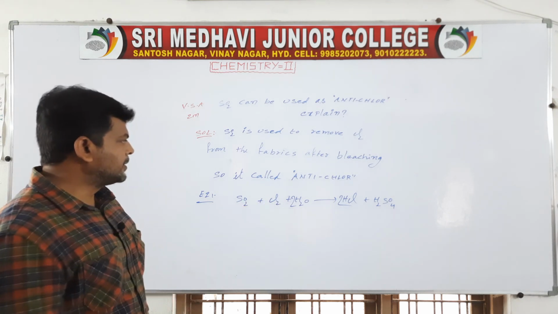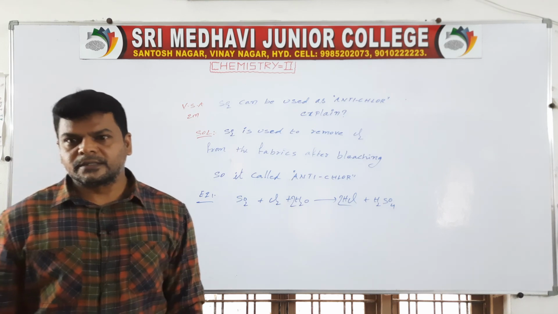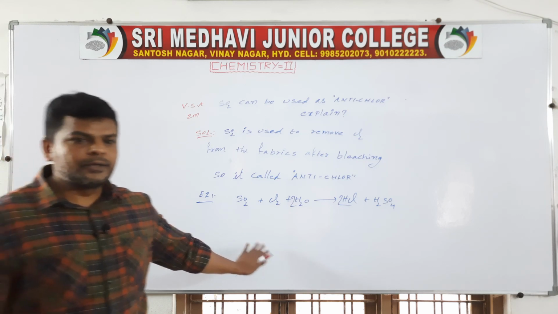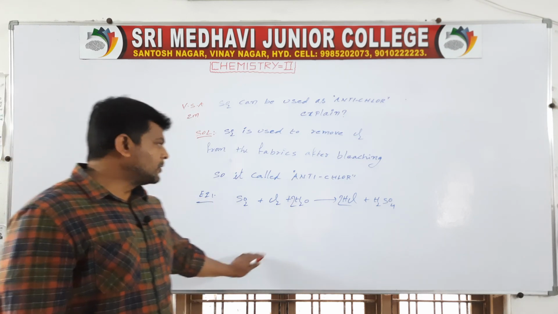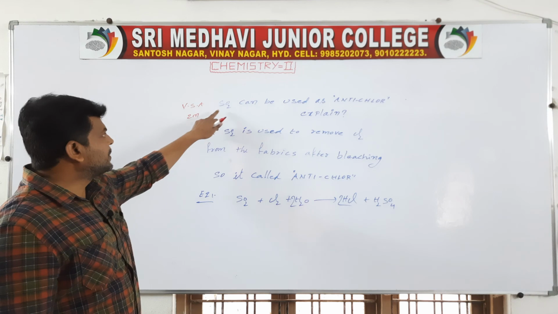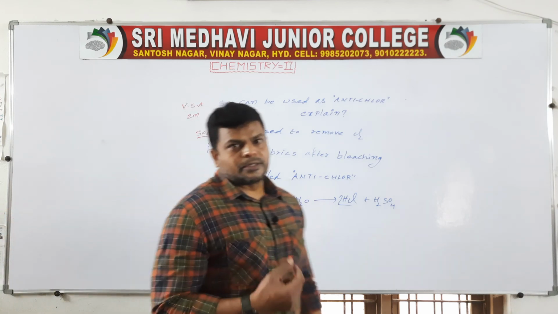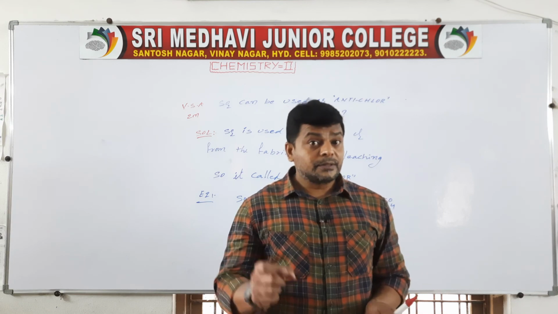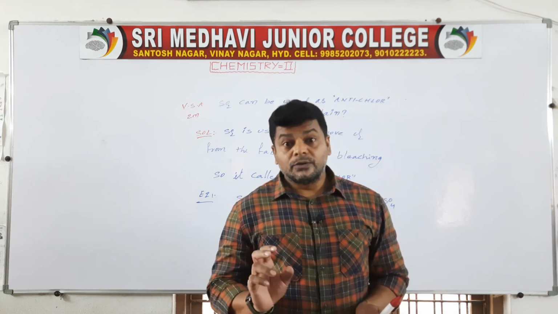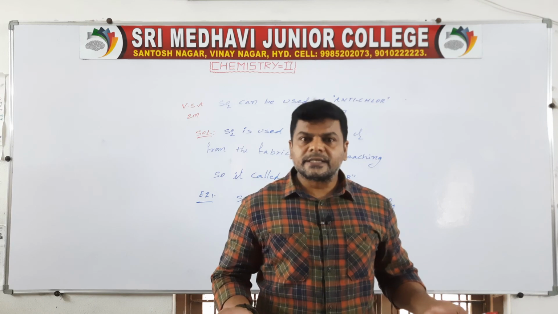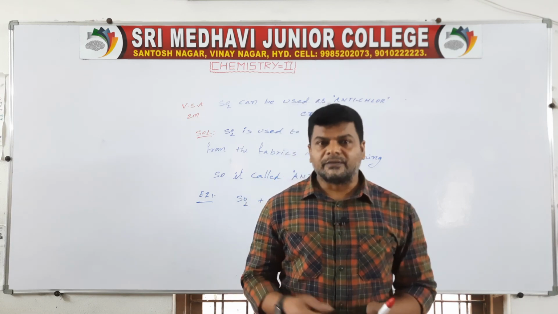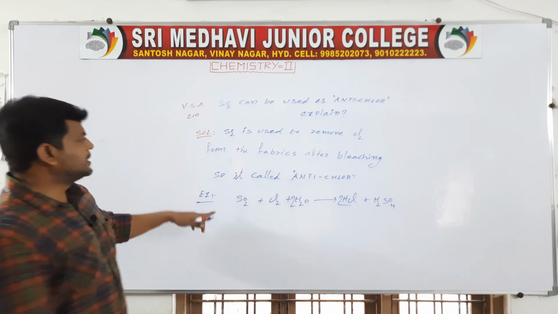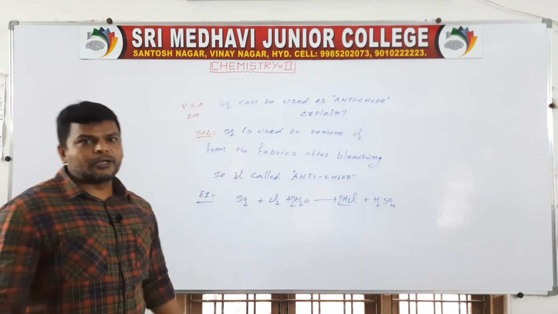So this is how SO2 can be used as an anti-chlor. If you take clothes which have been bleached, they may tear. So if you use SO2 to remove chlorine, they may have a long life. That's why SO2 can be used as an anti-chlor. So this is the way. It's a very important question for 2 marks.